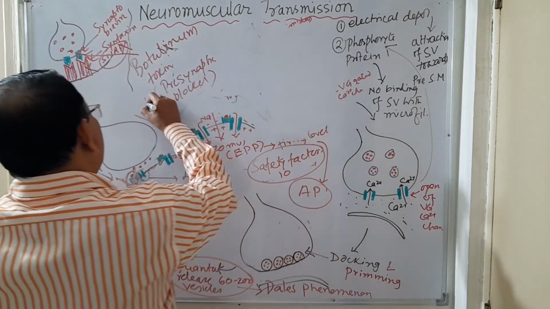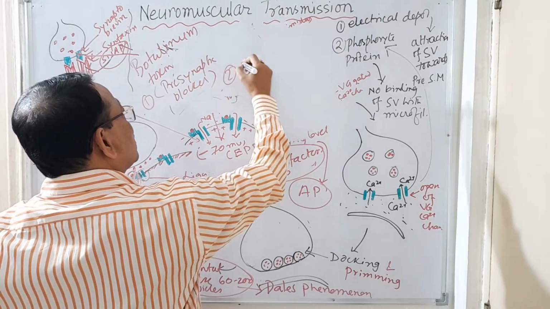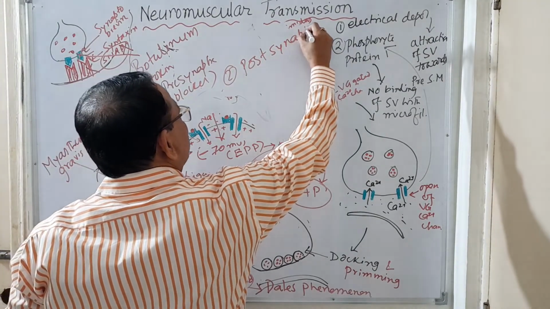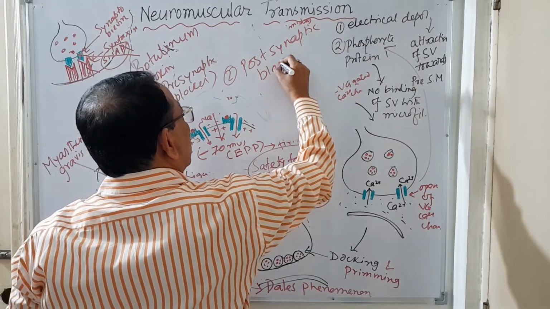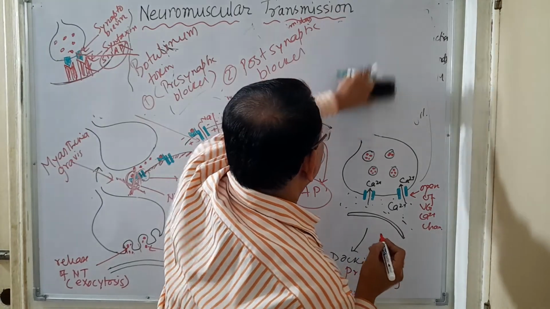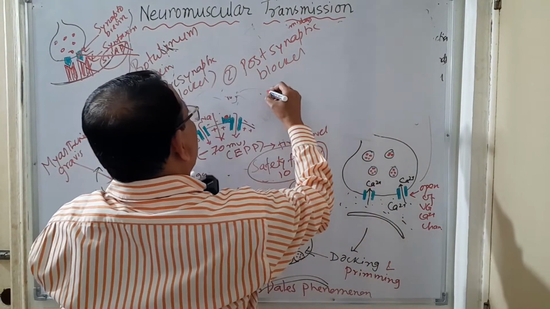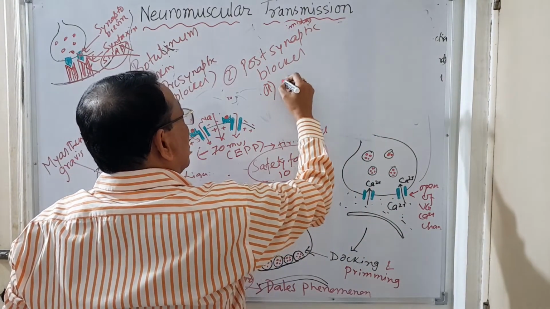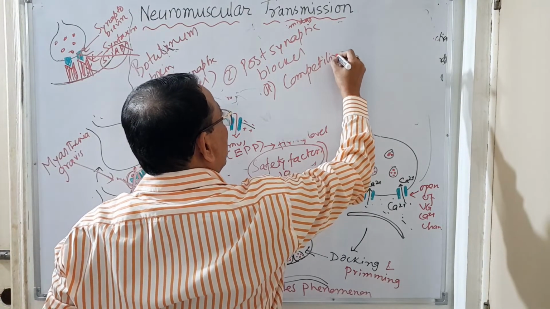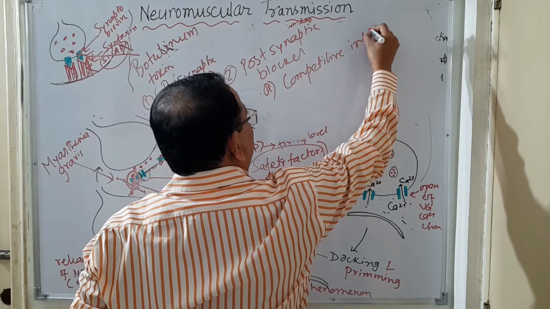So this is number one, the pre-synaptic blocker. Second type is the post-synaptic blocker. And number one is the competitive inhibitor that I explained.